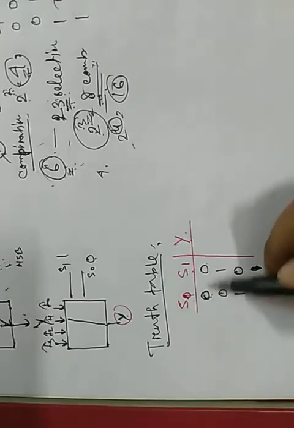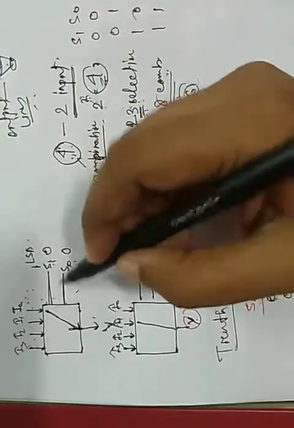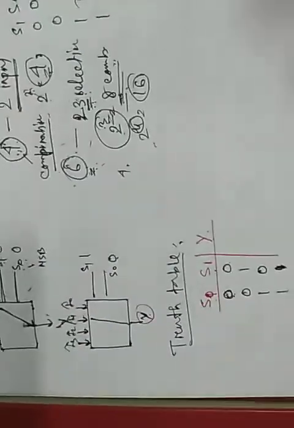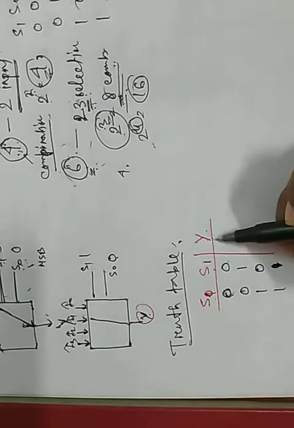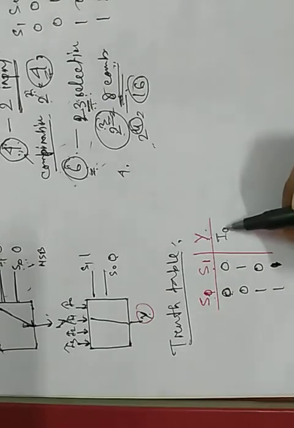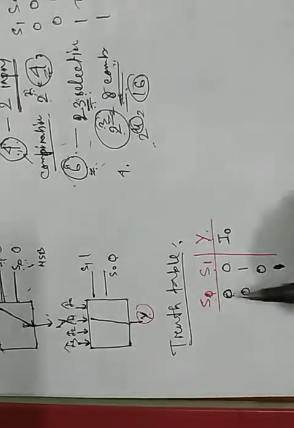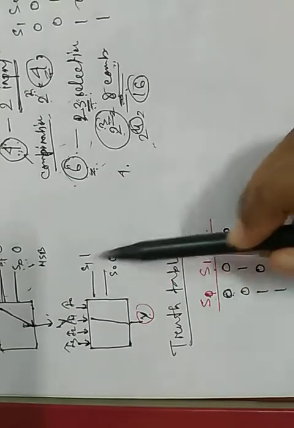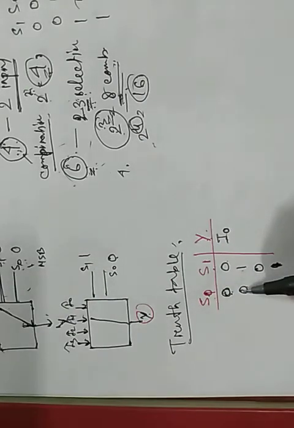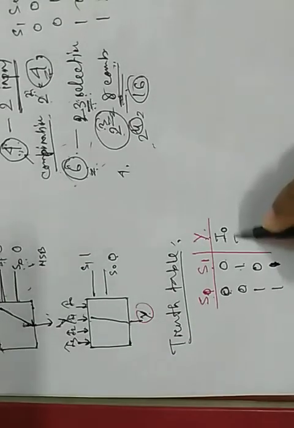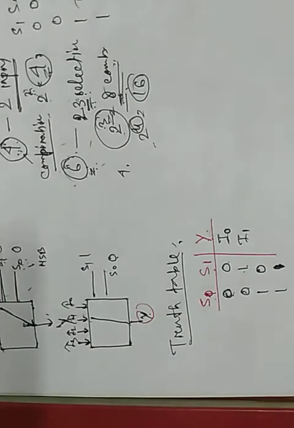So when S0 and S1 are 0 0, I0 is selected, so in output Y we get I0. When the selection line is 0 1, in our second combination, I1 is selected, so we get I1.